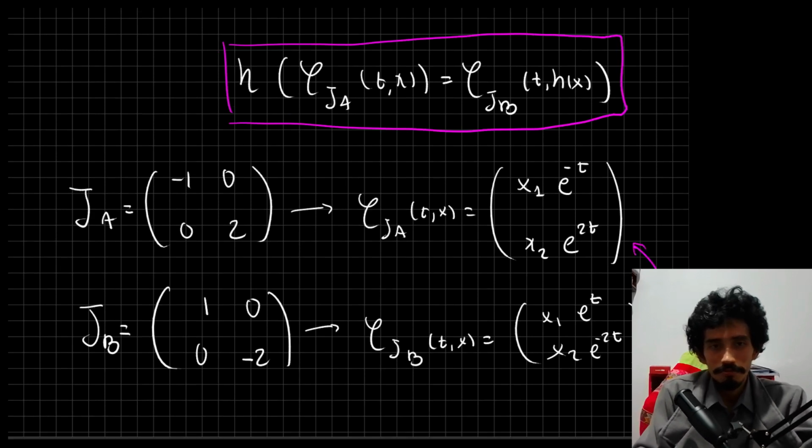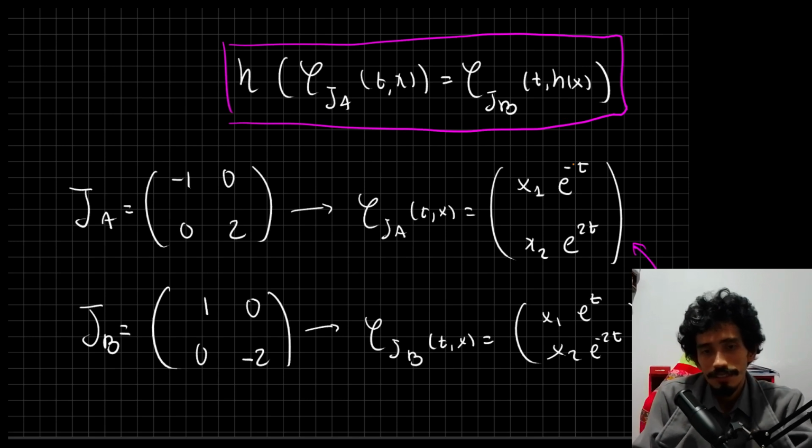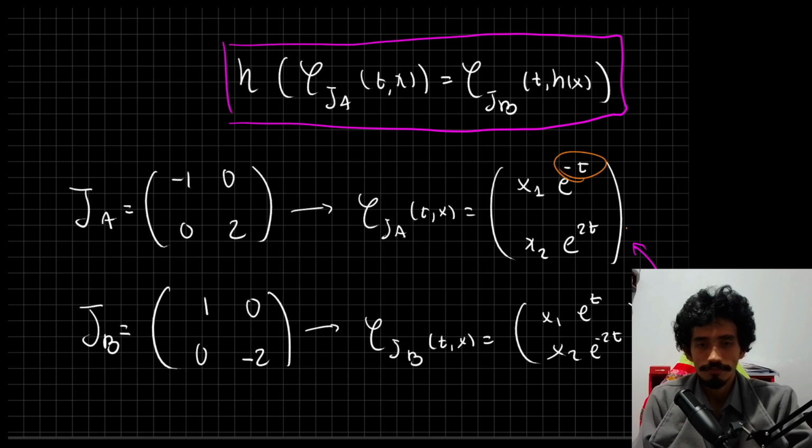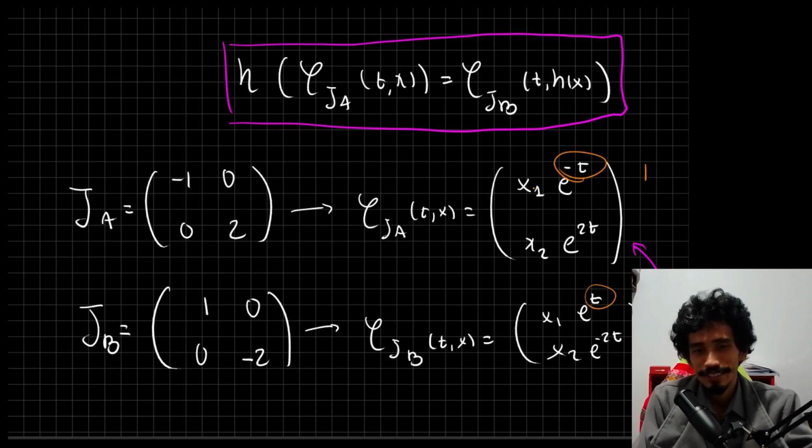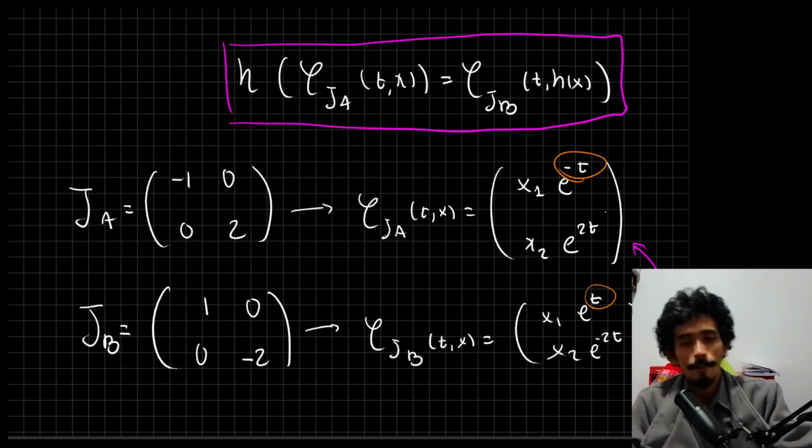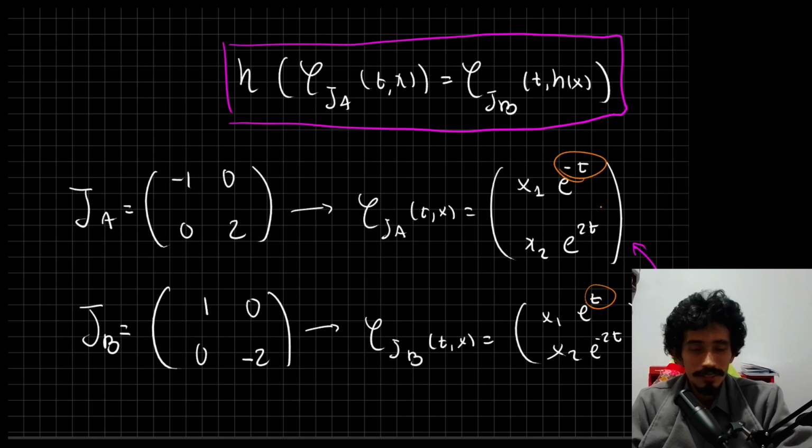So you can see that here we have as an exponent a minus t, and down here we have t. So first inside would be to make some inverse of this term and the inverse of x1, but that doesn't help at all because homeomorphisms are meant to be bijections from R2 to R2, so they need to be defined on the whole plane.